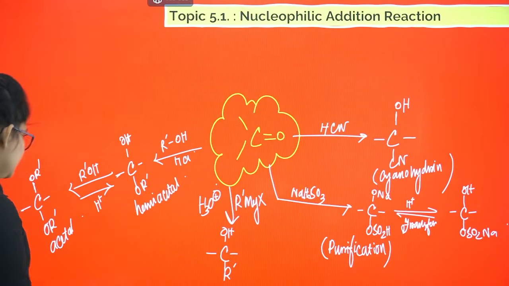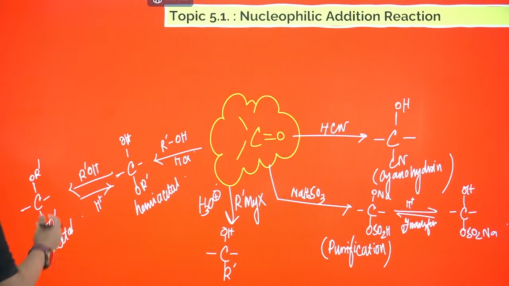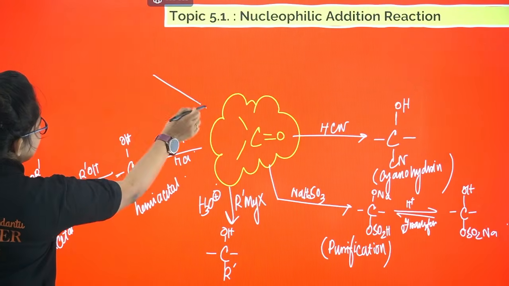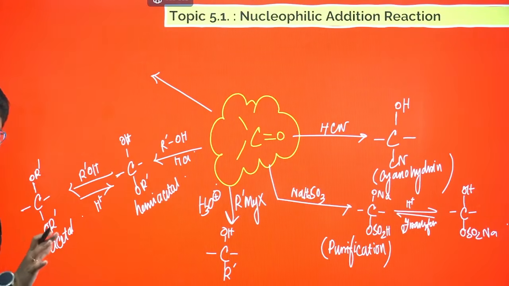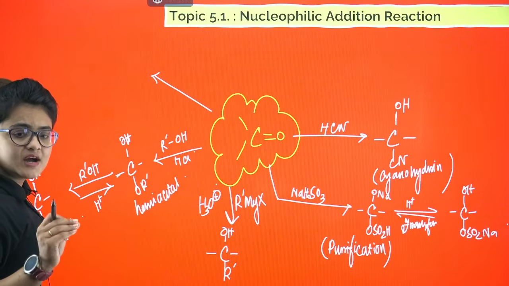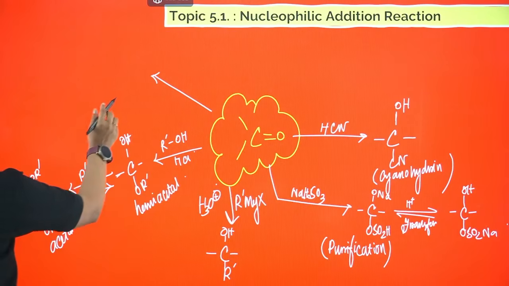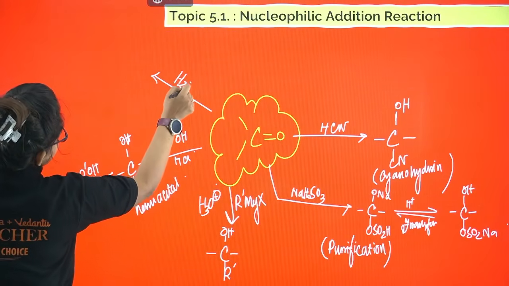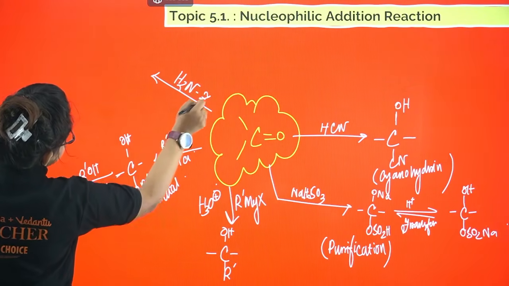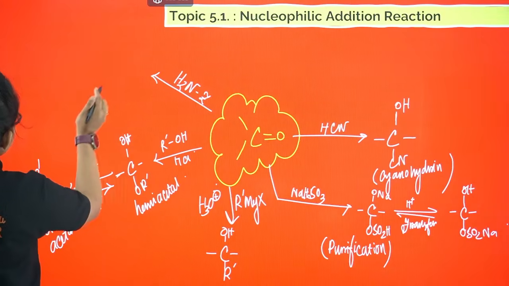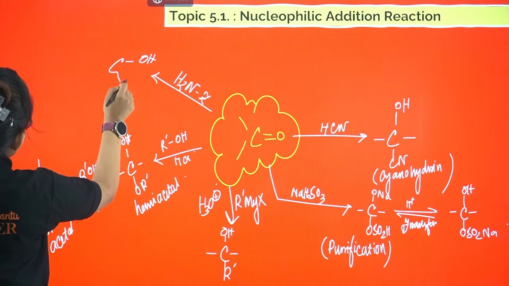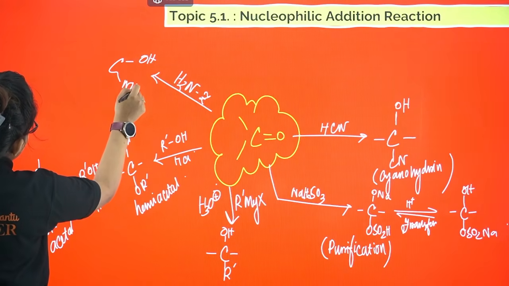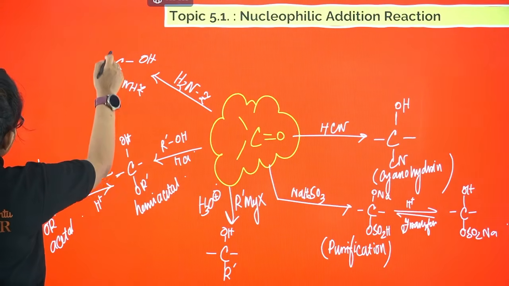Next, we can get the Schiff base as well. We can treat this with a derivative of ammonia. See, NH3 is the ammonia, right? One hydrogen, let's replace by a group Z, so let's say H2NZ. You will get this type of thing: C here with OH, here NHZ, and here two bonds.